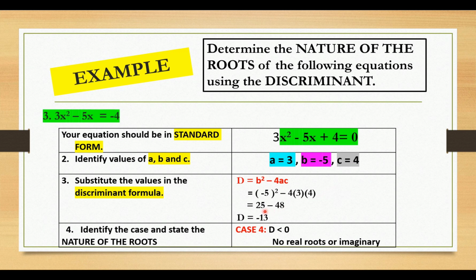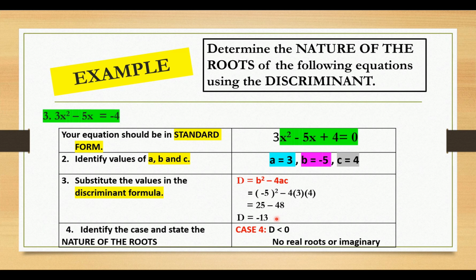Then just simplify. Negative 5 squared will give you positive 25, and 4 times 3 times 4 will be 48. By simplifying, our D here is equal to negative 13.